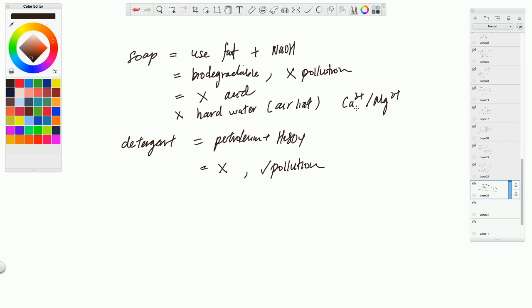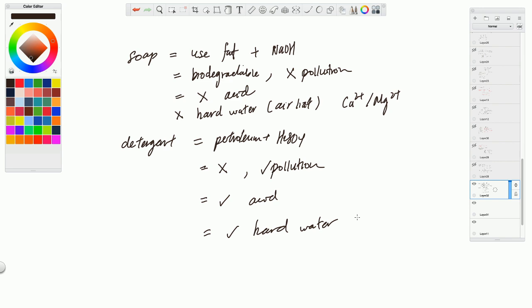So the calcium ion and magnesium ion are found in hard water, so soap cannot be used. But detergent can work in acid. That means in a solution with a little acid, it can still function, and can still function in hard water. That means even with calcium and magnesium, it can still function.